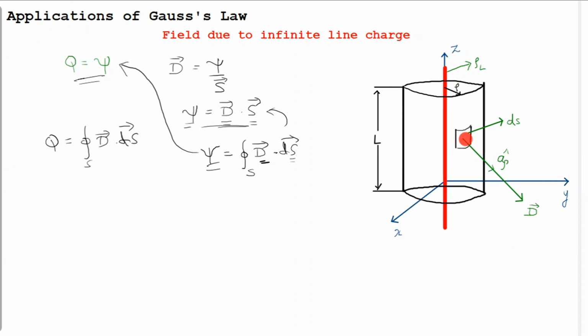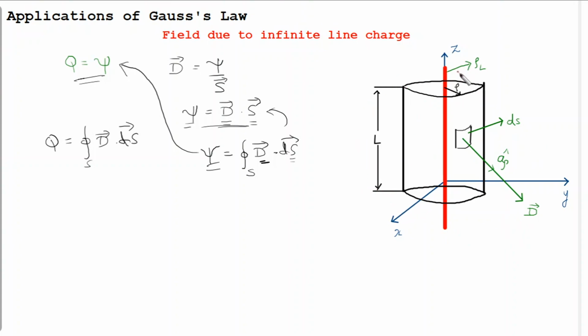In that case, the surface should be held like this, around this, because the line charge is parallel to the z axis, or along the z axis. So which is the perpendicular direction to the z axis? The XY plane. Throughout the XY plane I have perpendicular to the z axis. I can have planes perpendicular to the z axis only in the XY plane. What is that XY plane? Around this.